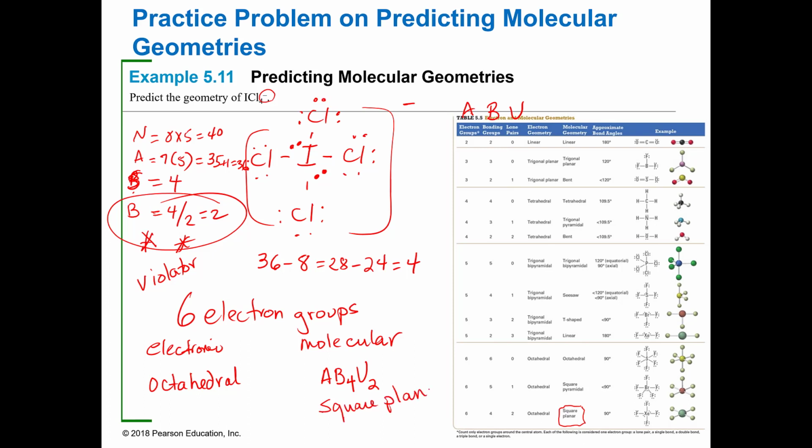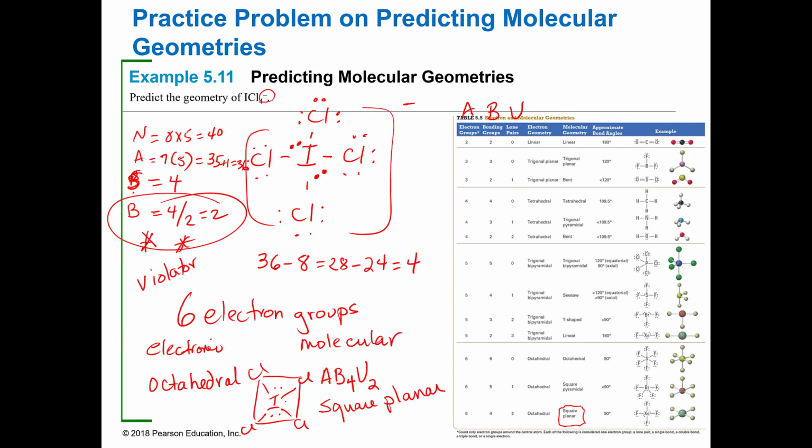Now, this is where it's important, because I can use that information to tell you if those are really on opposite sides of that iodine or not. If that's square planar, that means it's like this. And the only way it can be like that is if these are even on both sides.